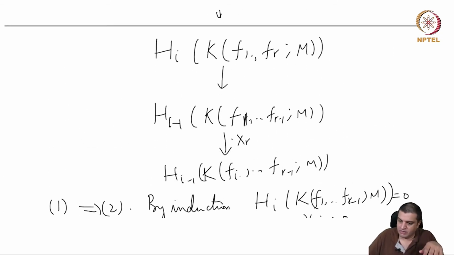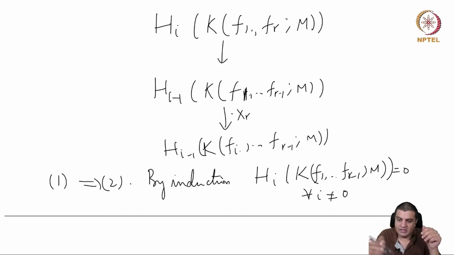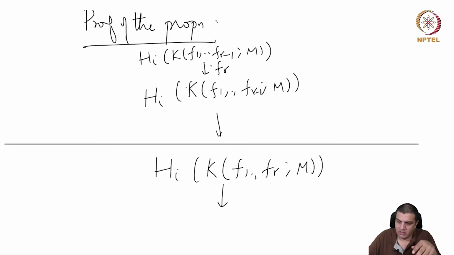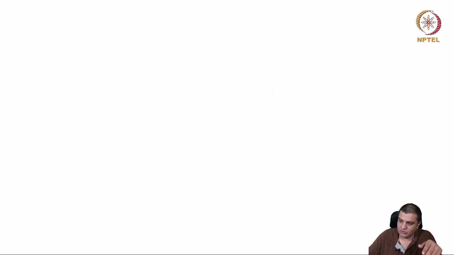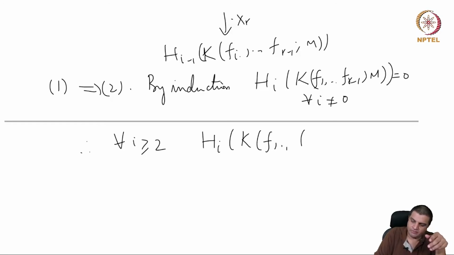So if i is at least 2, then we have H2 here and H1 here for fewer elements, which is 0 by induction, and H2 for fewer elements, which is also 0 by induction. Therefore for all i greater than or equal to 2, Hi of K of r elements is 0.